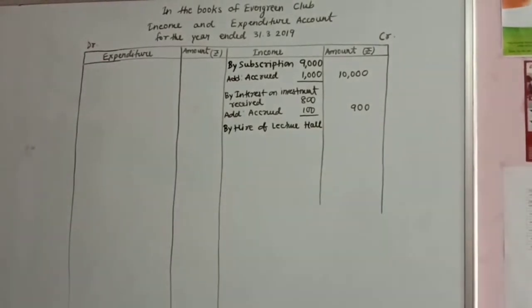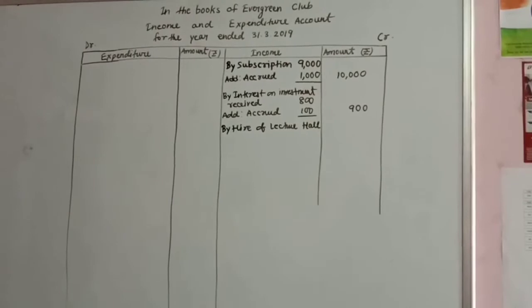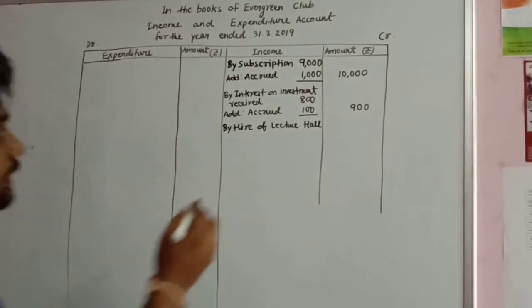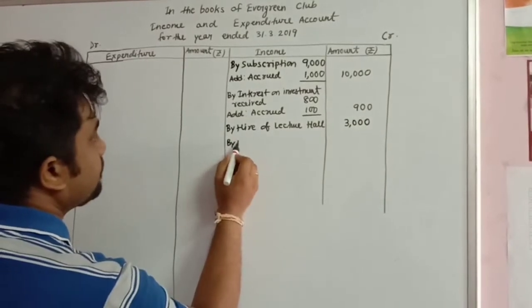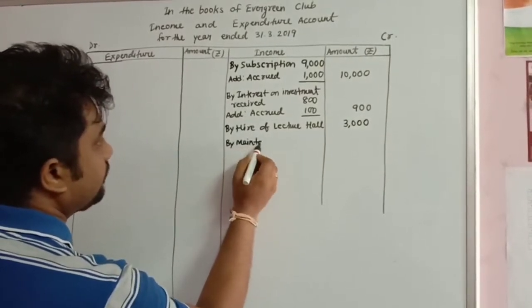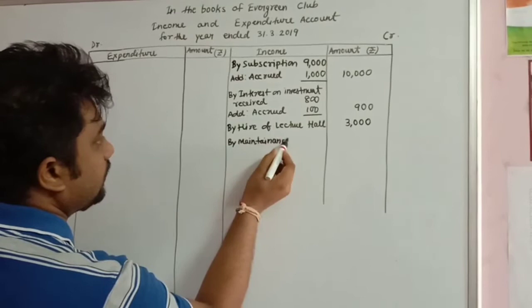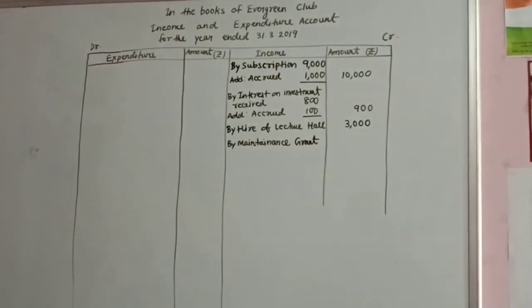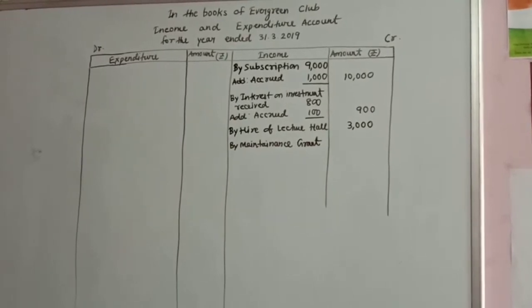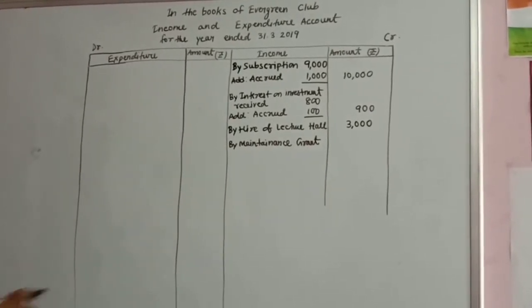So what is the amount? The amount for hire of lecture hall is rupees 3,000. Then you have maintenance grant, and the amount of maintenance grant is rupees 5,000.